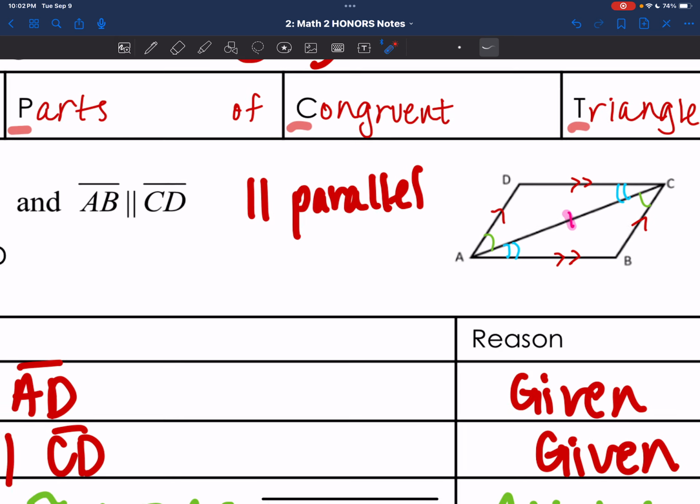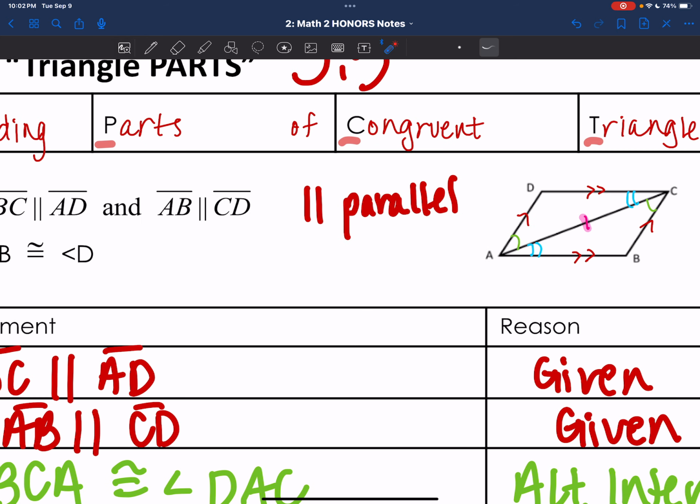On my drawing, that's what I notated, I put those little arrows to show parallel. That means that this is parallel to that. All right. And then I said that segment AB is parallel to segment CD. So I marked it here because it's saying this is parallel to that.